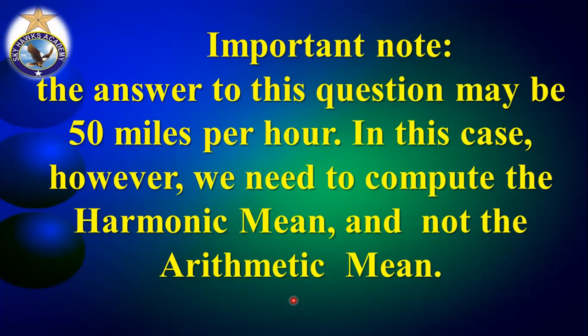The wrong answer, the arithmetic answer, is also there. But at this time you are looking for the harmonic answer. That's why 50 is there and 48 is also there. You have just calculated 48, and anybody can reach the answer 50. So be careful about all these tricky formulas.